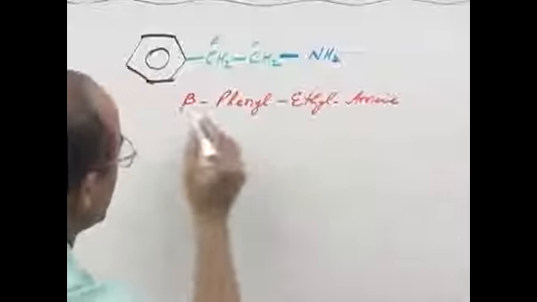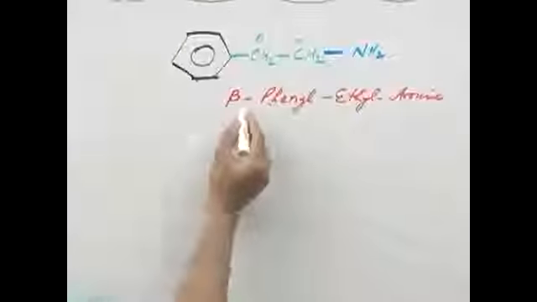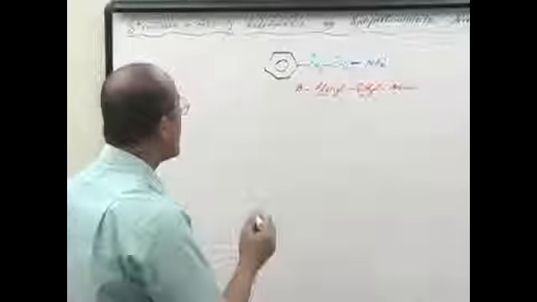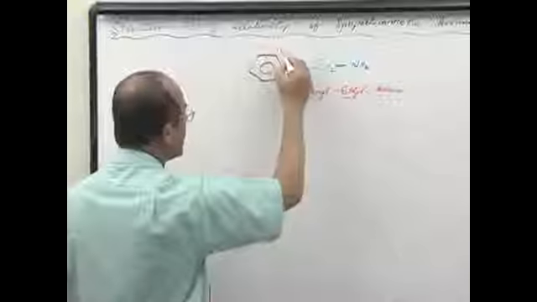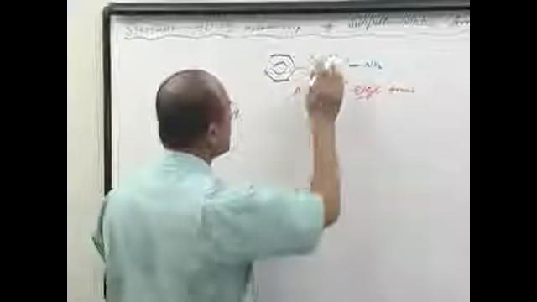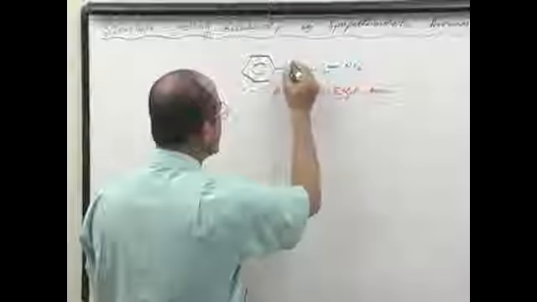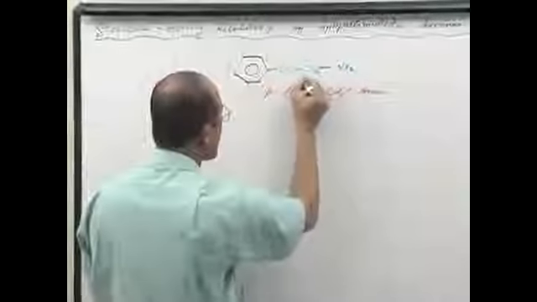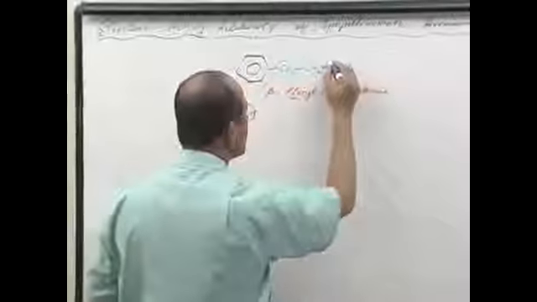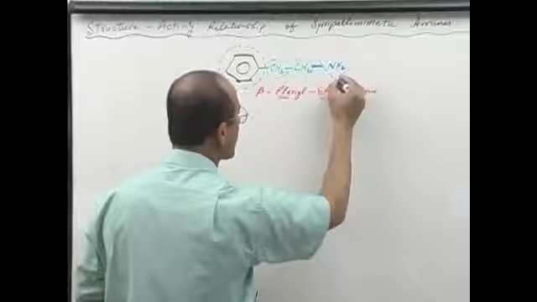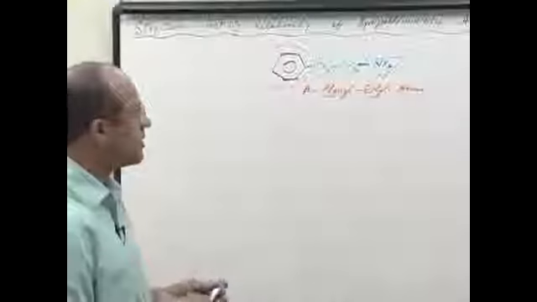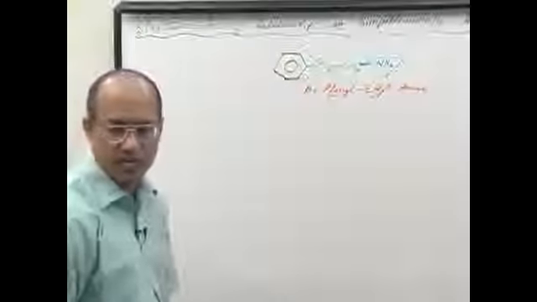The parent compound is phenyl ethylamine, and this is its phenyl ring, this is its ethyl component of the chain, and here it is the amino side chain. Now this is the primary structure of all sympathomimetic drugs.